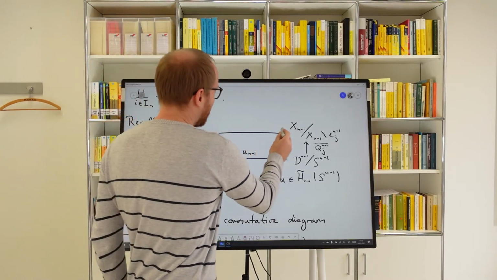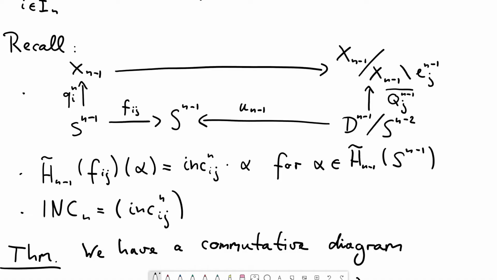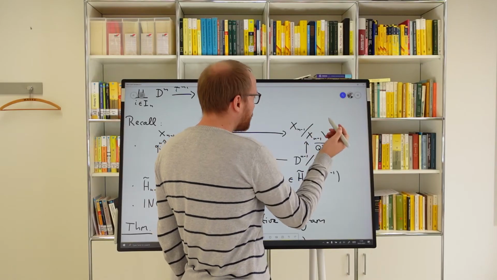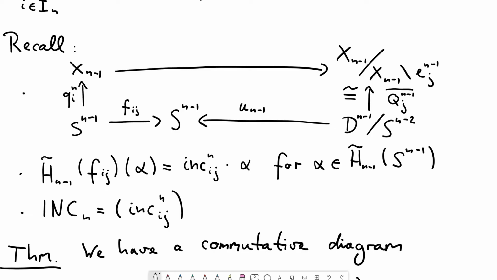Then we collapse everything in the (n-1)-skeleton except the open (n-1)-cell indexed by j. And this quotient space is now actually homeomorphic, so I can write homeomorphic here, by means of the characteristic map of the (n-1)-cell j induced on the quotient.